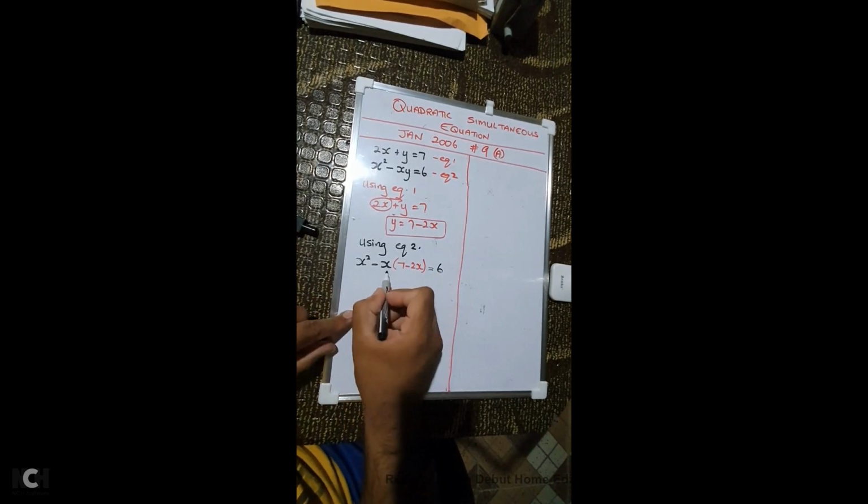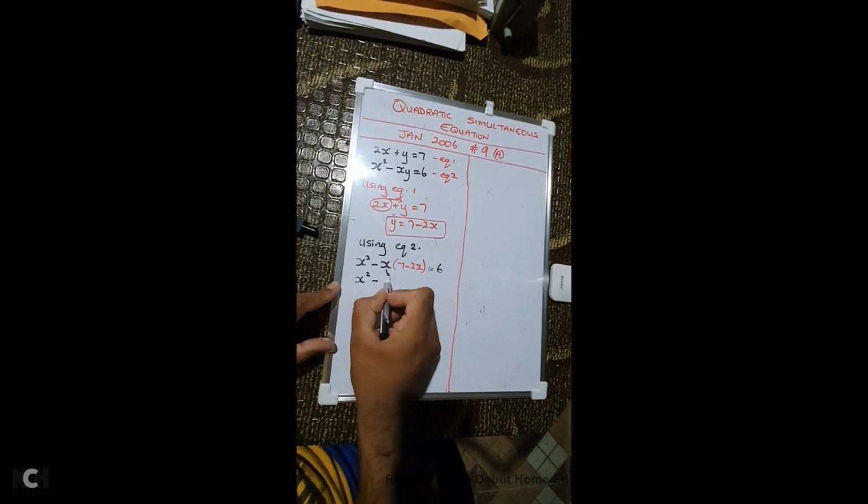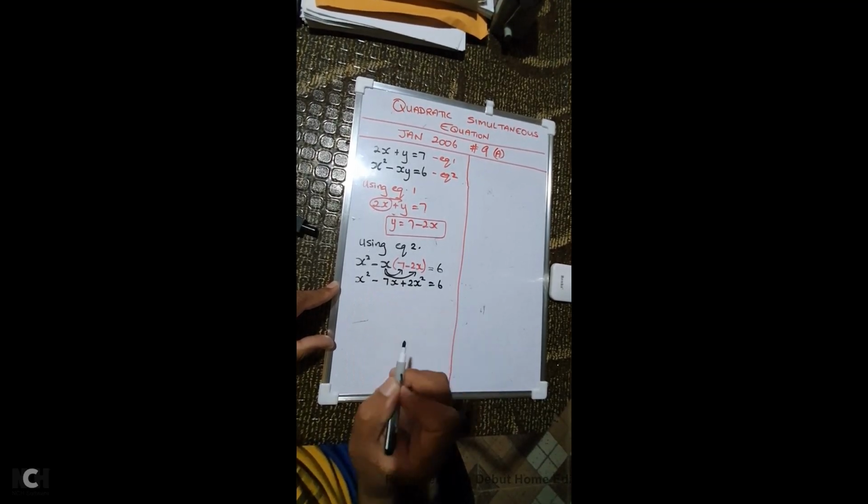Now we use the distributive law. We write back x squared, minus x by 7 will give us negative 7x, and then a negative by a negative will give us a positive, and x by 2x will give us 2x squared, is equal to 6.